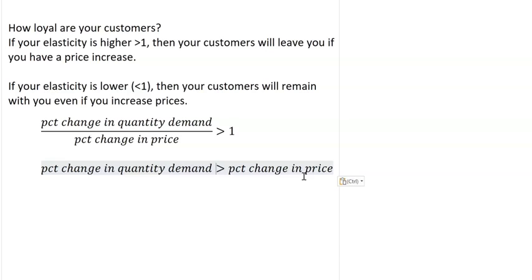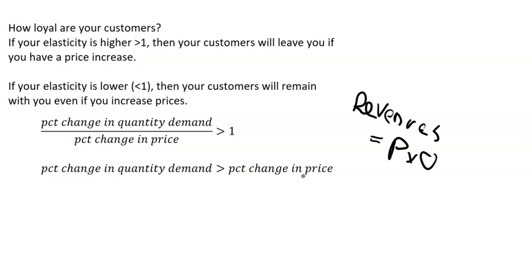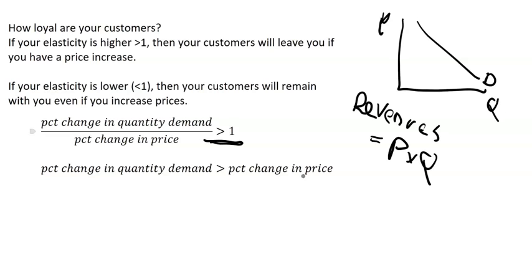So if you remember in one of the videos that I have, we talked about revenues. Revenues equals price times quantity. And we know that in a demand curve, price and quantity move in opposite directions. So now when you have elastic demand, it's telling us if I increase my price a little bit, my quantity will fall by quite a lot because elasticity is greater than 1.